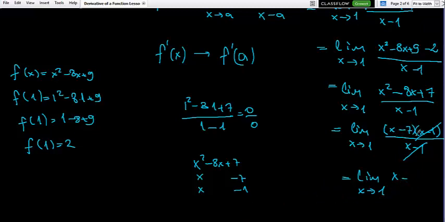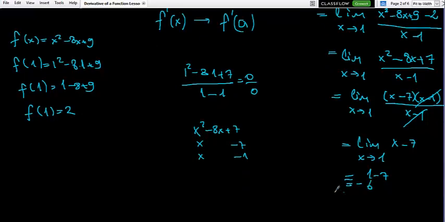When you replace x by 1, it's going to be equal to 1 minus 7, which is equal to minus 6. So the derivative at a, the derivative at 1, is equal to minus 6.